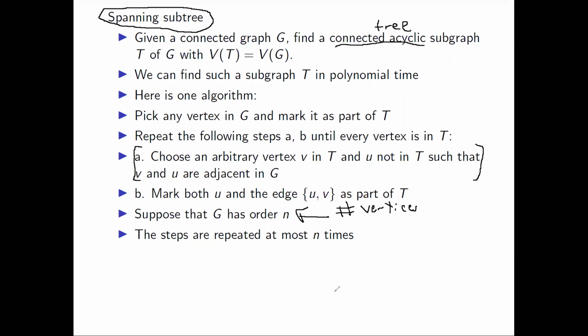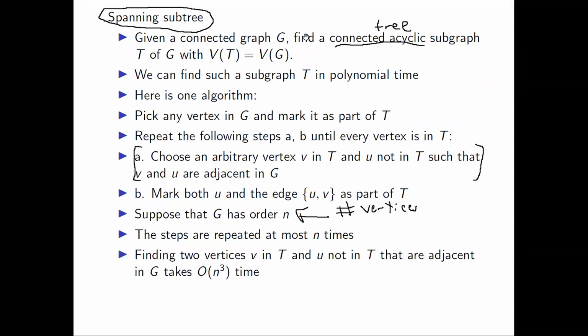So for step A, we need to choose an arbitrary vertex V that's already in the tree T and U that's not already in the tree T, such that U and V are adjacent in G. So one way we could do this is we could list the edges of G. And we'll call these edges V1, V2. So those are two vertices in some edge.